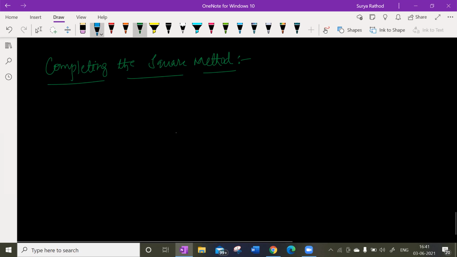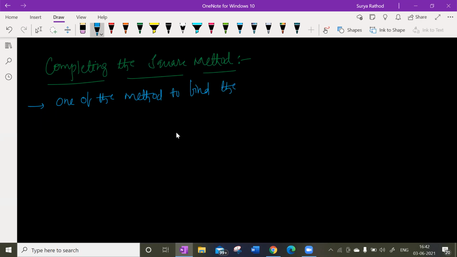See, this completing the square method is, let me write, one of the methods to find the roots. Guys, you have to join the meeting again.